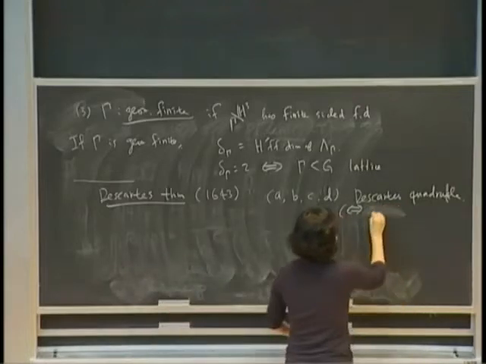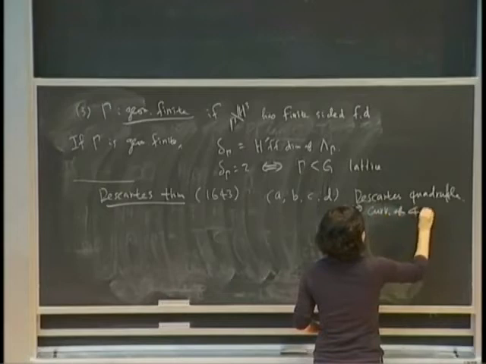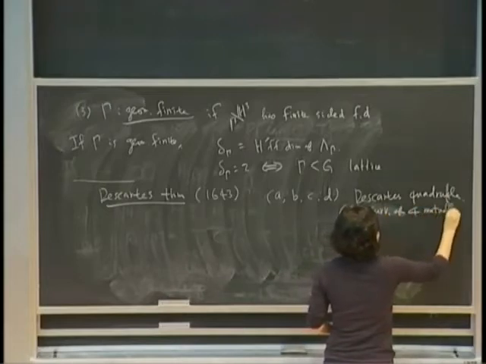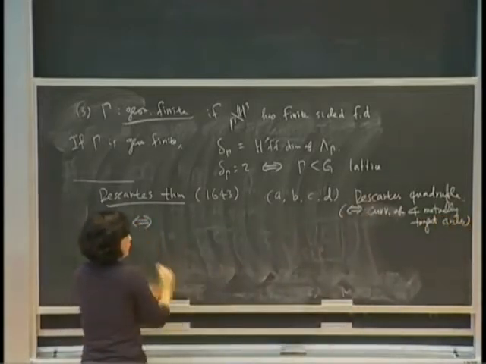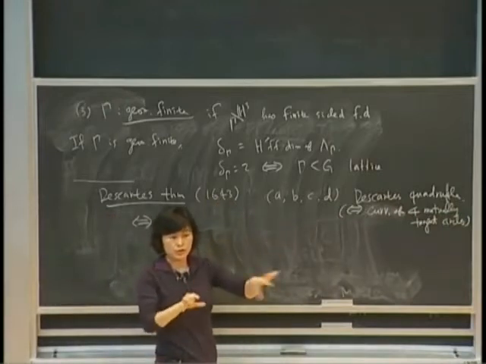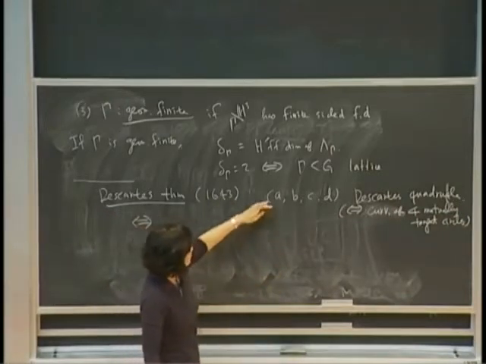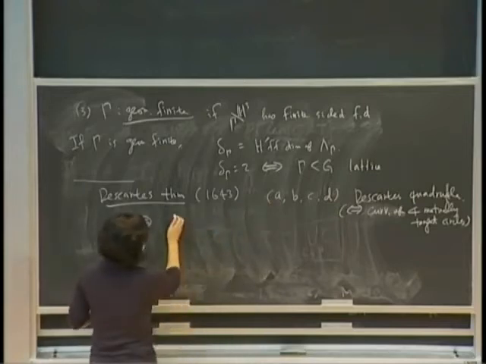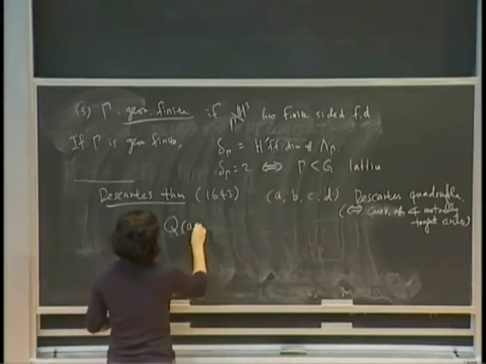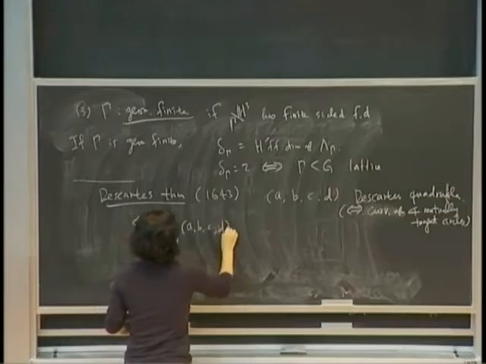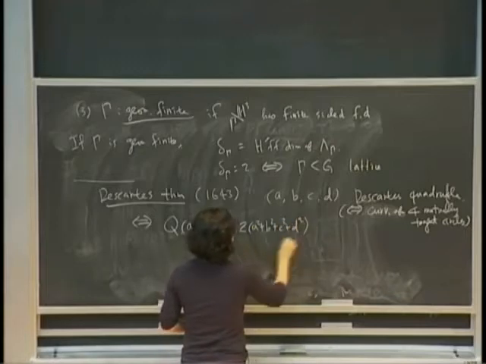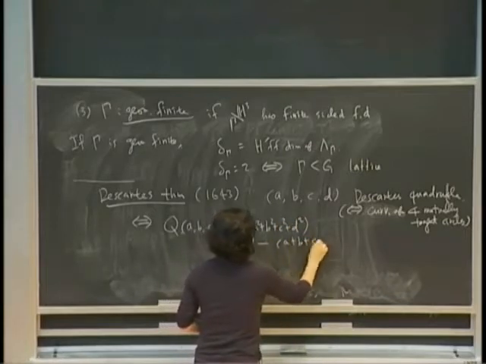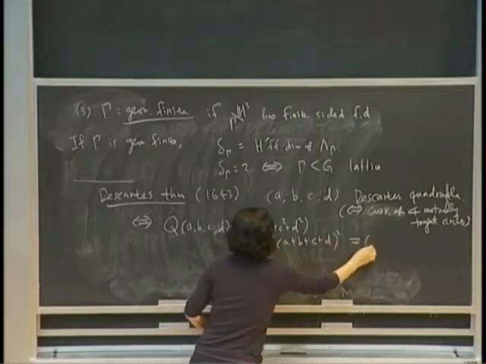A given quadruple of 4 real numbers can be realized as the curvatures of 4 mutually tangent circles in the plane if and only if it satisfies the following quadratic equation, which I'm going to call Q: twice the sum of squares, 2(A² + B² + C² + D²), minus (A + B + C + D)² is equal to 0.